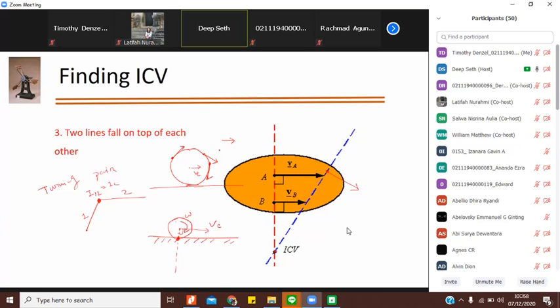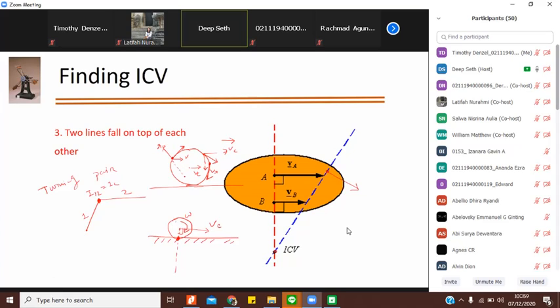Because it is going in this direction, you will have this VC like here, and this is your radial velocity, let's say VR. This is your VC. Similarly, here you will have your VC, and here you will have your radial velocity omega.